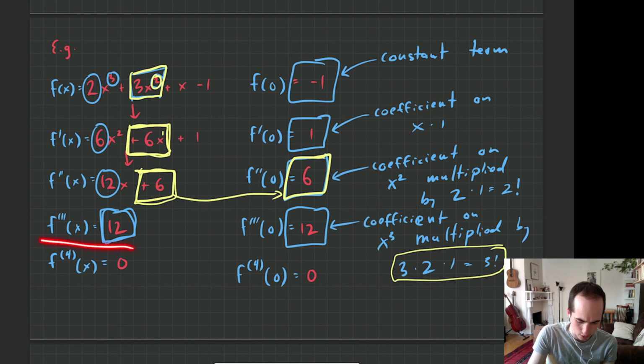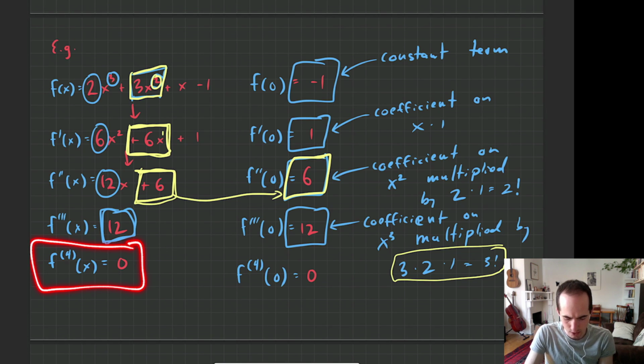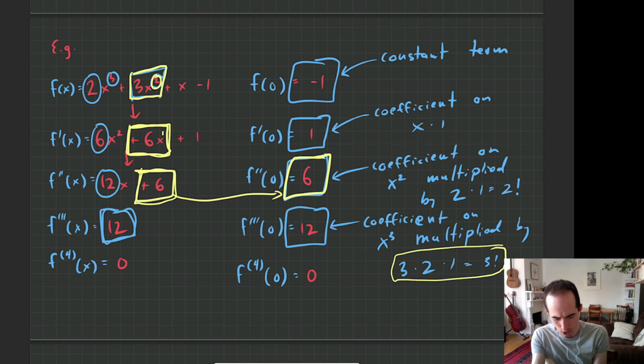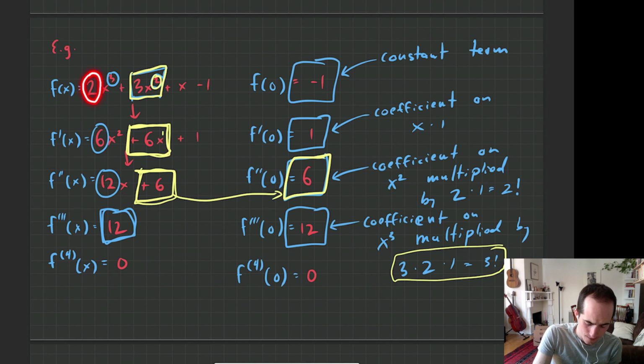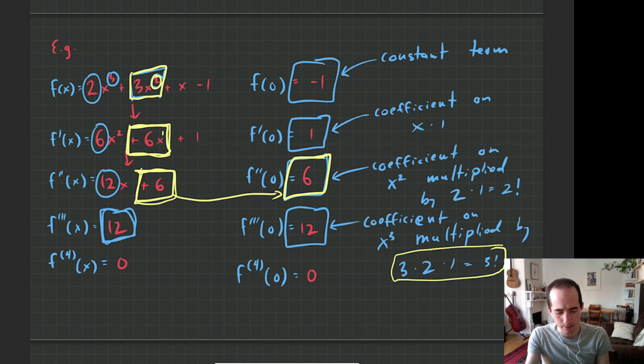As soon as you don't have any more constant terms, then when you evaluate your function at 0, you're just going to get 0 again, right? So the only way to get anything is to bring it down from a coefficient and get it closer and closer to a constant by taking the derivative. And each time you take the derivative, you have to multiply by an exponent, and then the exponent will come down.